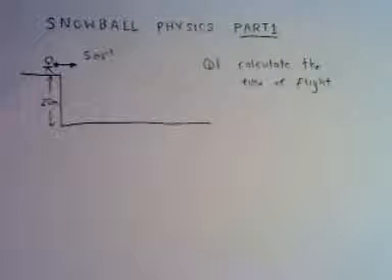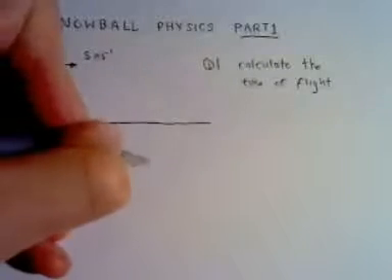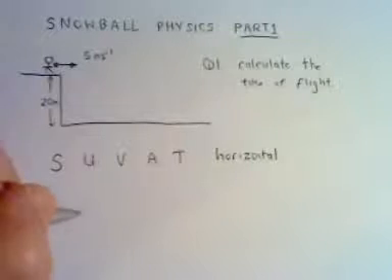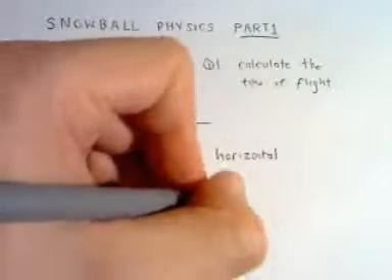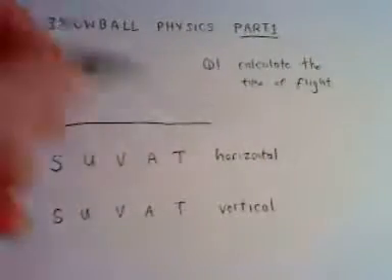Now you've used the SUVAT equations before, but here we've got to consider the horizontal motion and the vertical motion. So this time we need 2 SUVAT grids. We need 1 for the horizontal motion and we need 1 for the vertical motion.